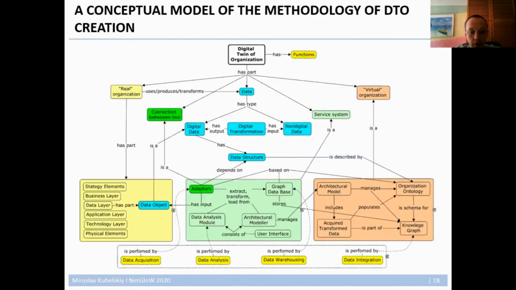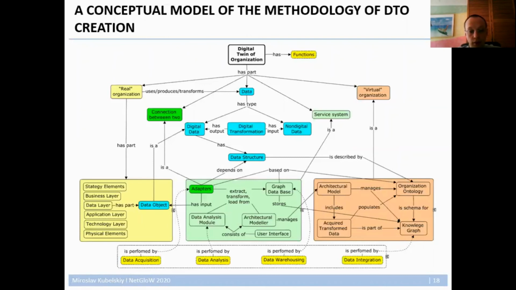The main element of the DTO is the data that can exist in the organization both in digital and non-digital form. The possibility to build an organization's DTO is highly dependent on what stage of the digital transformation it is at.